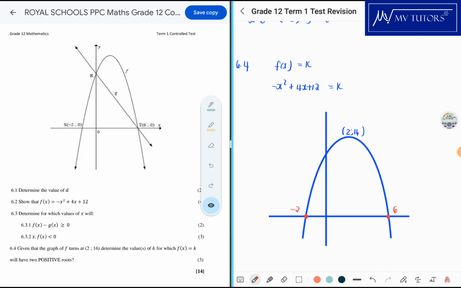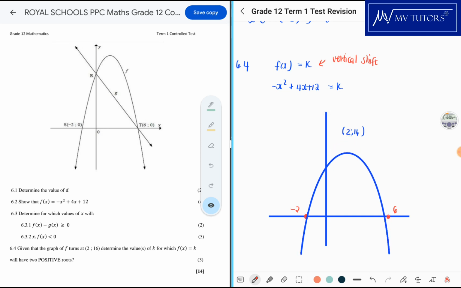So they're asking, this k will be like your vertical shift. Okay. So how can we move this graph vertically such that we will have two positive roots? Okay.